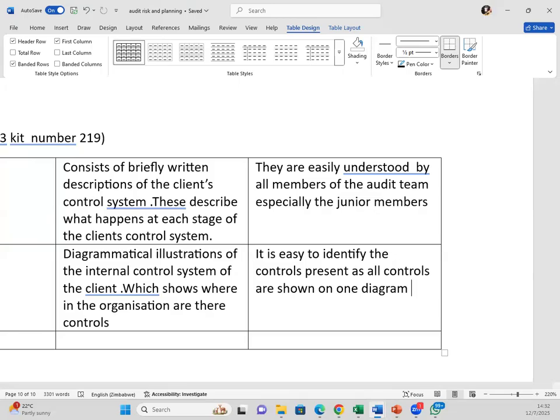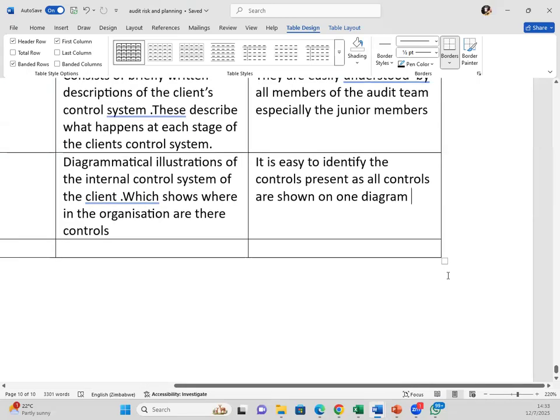So there are notes explaining, in this area, how many doors are there. But if it's just one plan, it can show you all the doors on one diagram. So it's not notes, but you're just seeing everything on one diagram. So that is the flowchart diagram, showing all the controls present on one diagram.